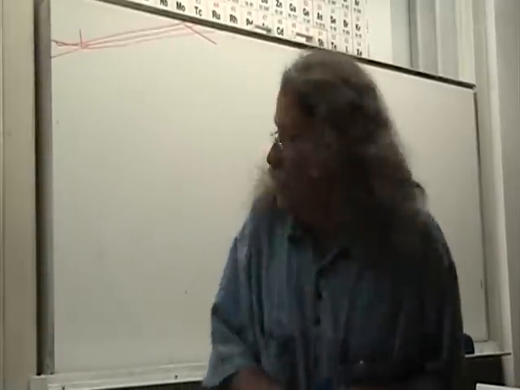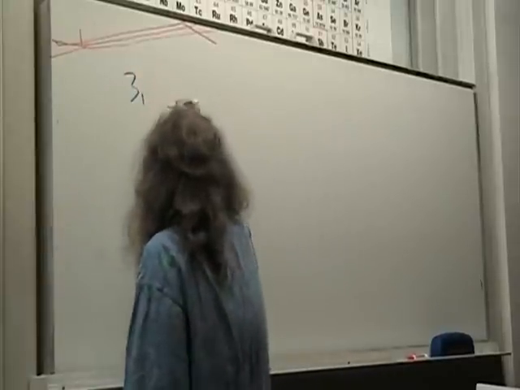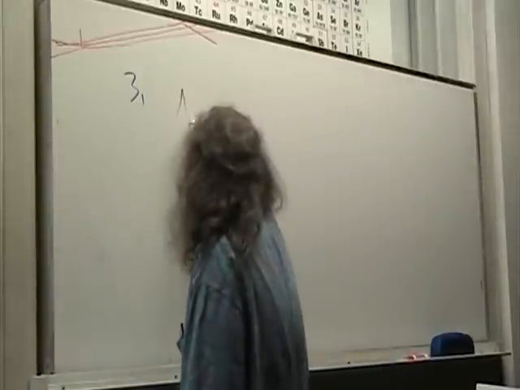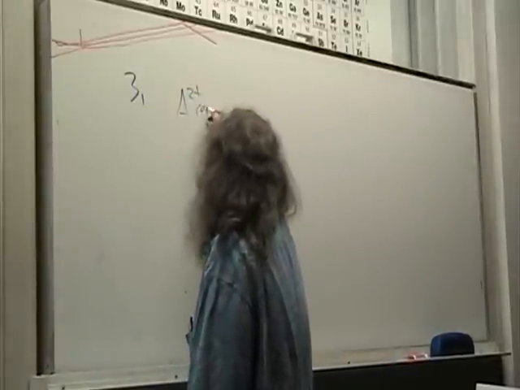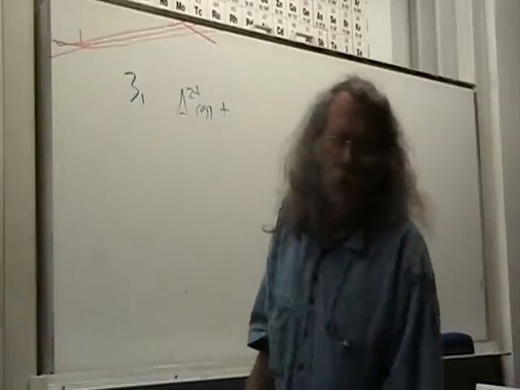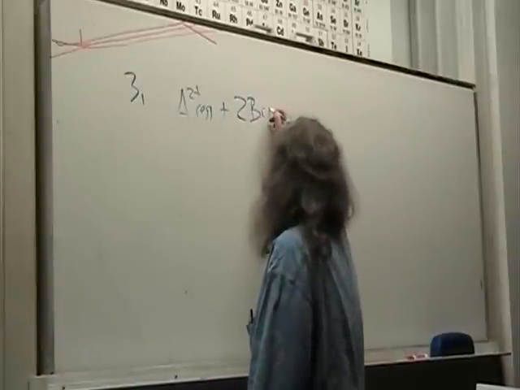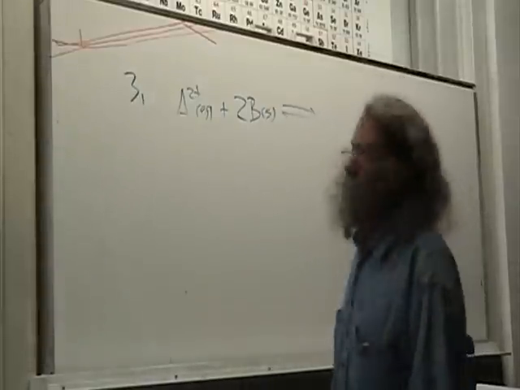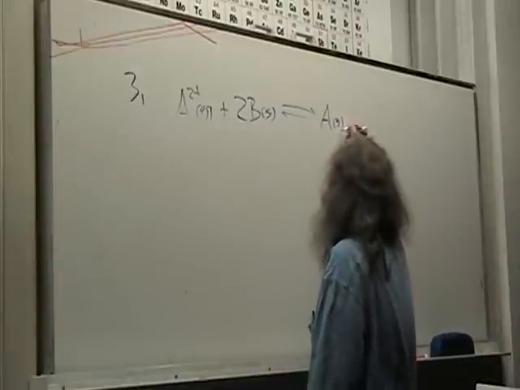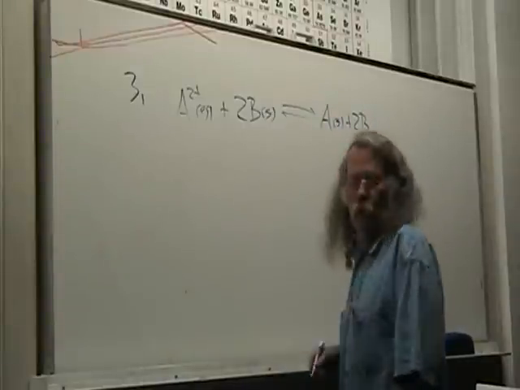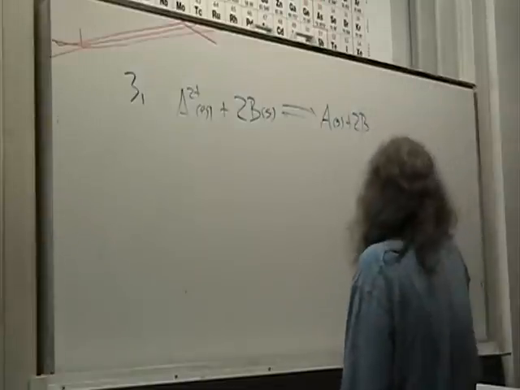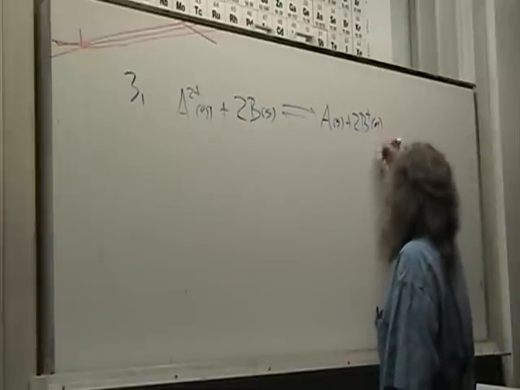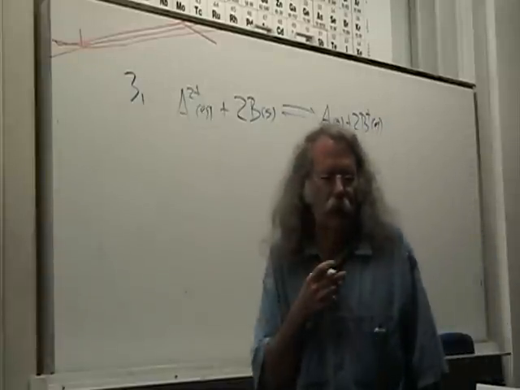Okay. Number 3. A galvanic cell has the following net reaction. B plus... that's the net reaction.